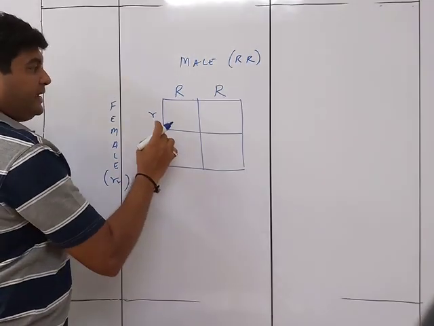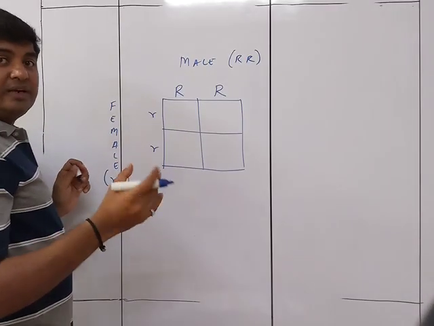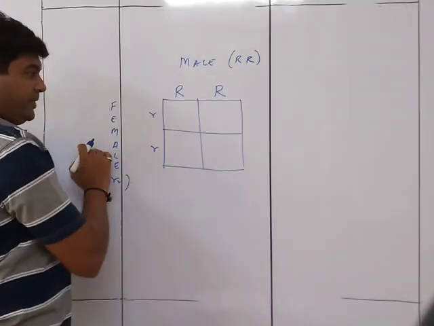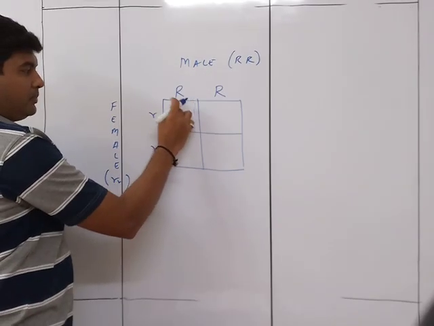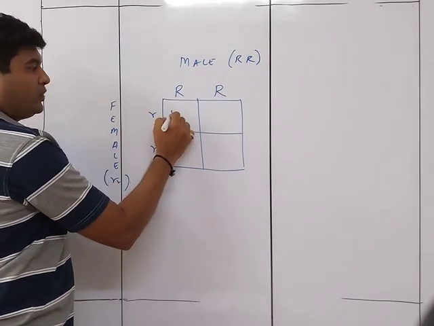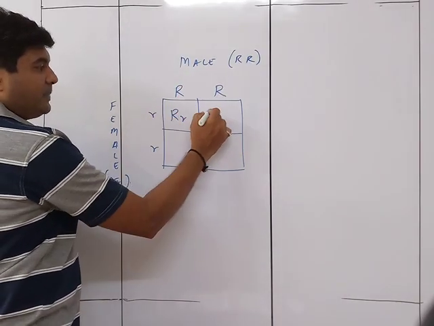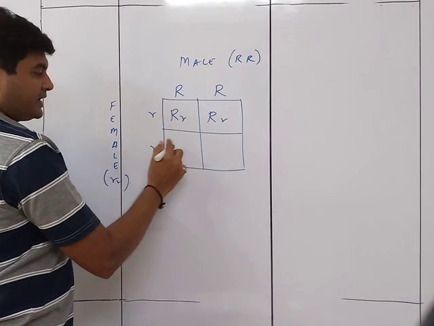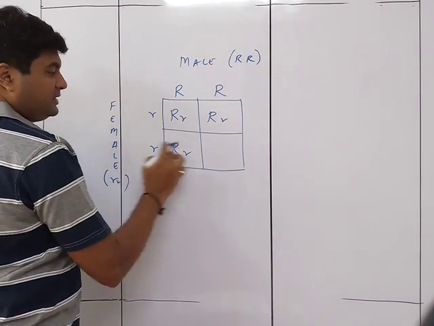So when the combination takes place between this male and female, this R and this r combine to give you this, this R and this r combine to give you this, and so on.